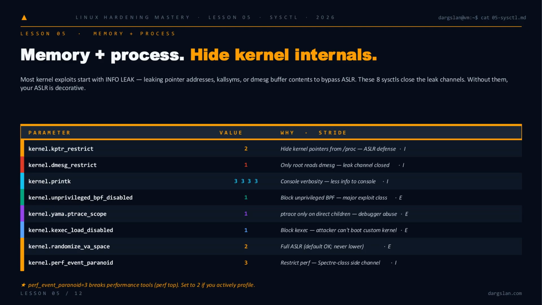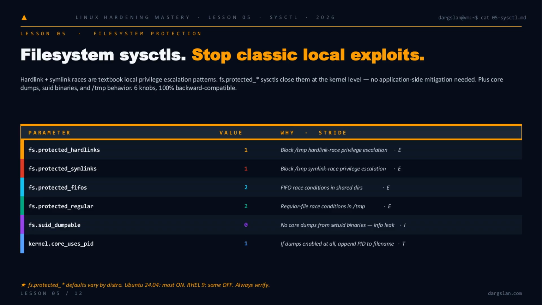One caveat, perf_event_paranoid 3 will break perf top, so drop to 2 only if you actually profile this box. From process down to the file system, and this is where /tmp bites. Hardlink and symlink races in world-writable directories are textbook local privilege escalation, so fs.protected_hardlinks and fs.protected_symlinks both go to 1, and fs.protected_fifos and fs.protected_regular to 2, which covers the cross-user case.